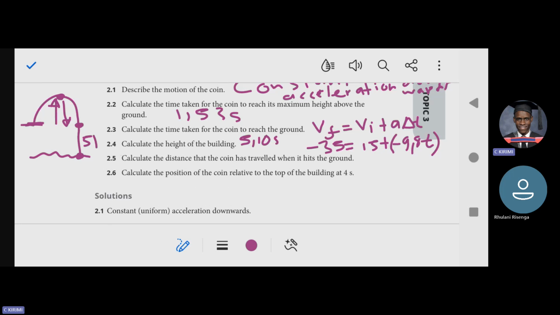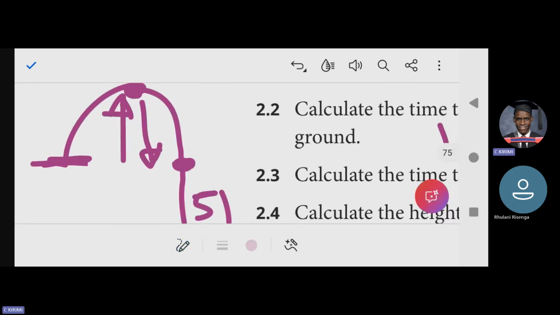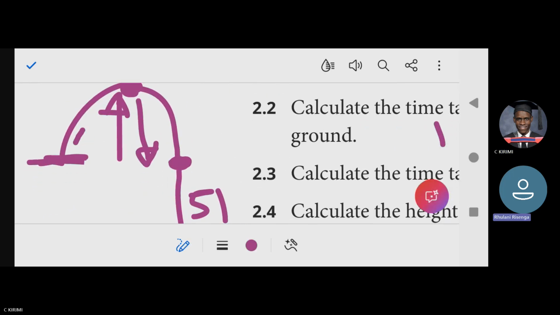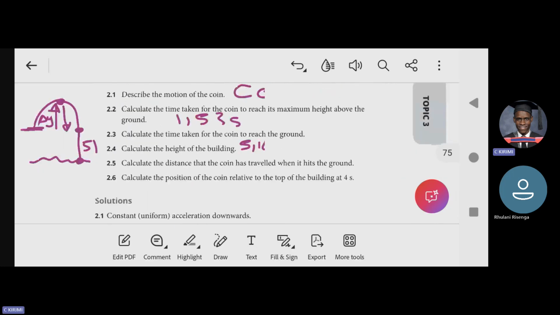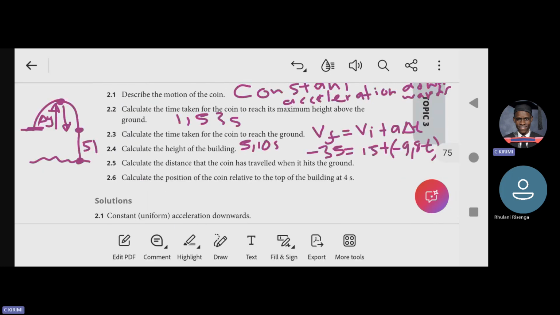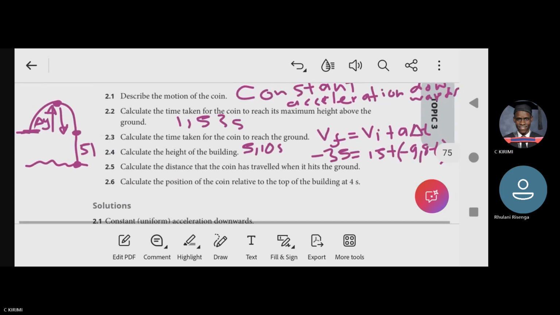Now we are starting from the top of the building, reaching the maximum height. What was the change in Y? This one. What is this change in Y? That one. So it will be times 2 plus 51 meters. So what will be that answer? For number 2.5.